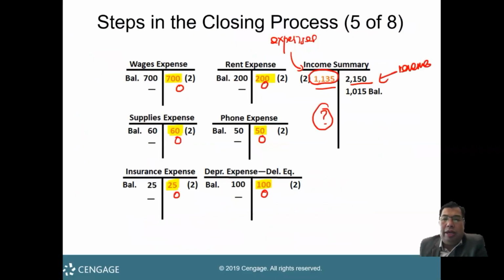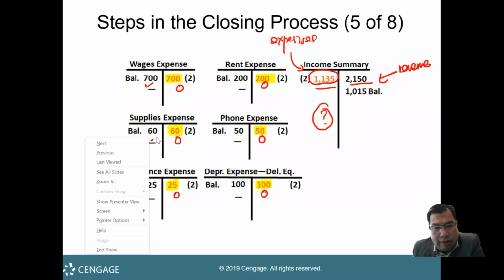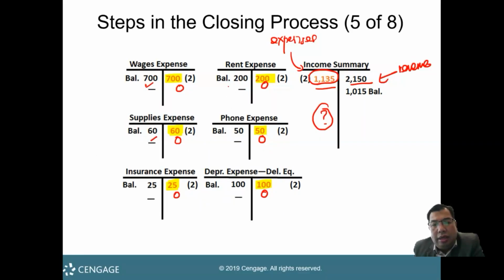Same goes for your expenses. Wages have a debit balance of 700, supply 60, rental 200, phone 50, depreciation expense 100, insurance expense 25. You want to close all these expense accounts. So how are you going to do this? You're going to credit. Why?